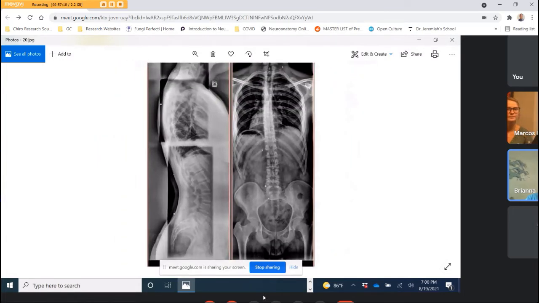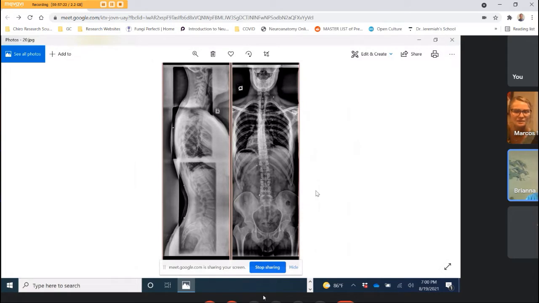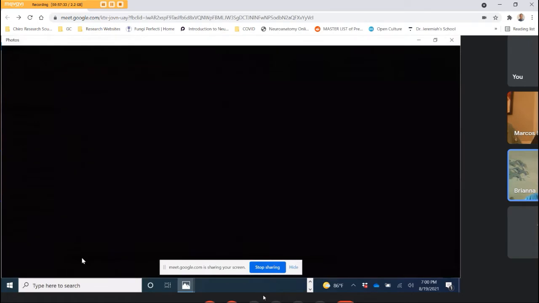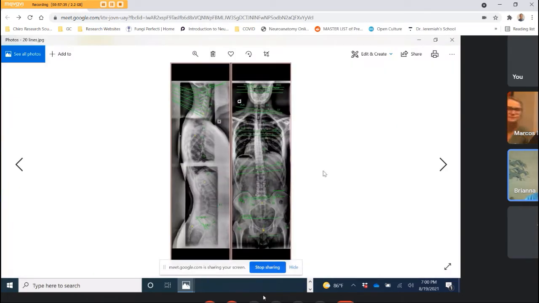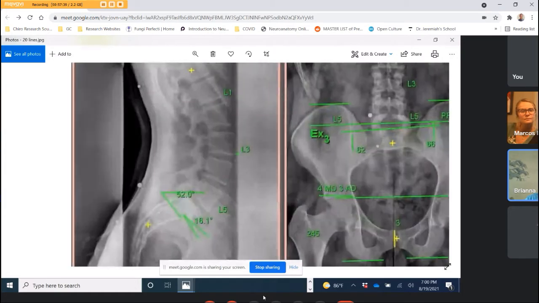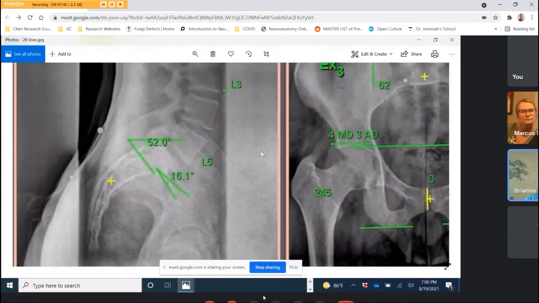All right, so we kind of worked that one over a little bit with our eyes, right? Let's see how they did their lines here. This will be the same patient. It looks like he was interested in that sacral tubercle.